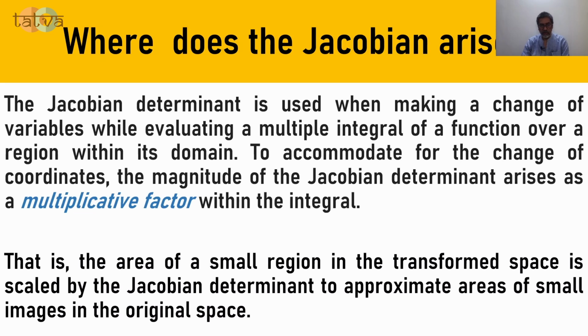That means we have the original space, then we have the transform space. The area elements in both of them strictly do not match, but on a microscopic scale, they can be made equal, and this is where the Jacobian plays a part.